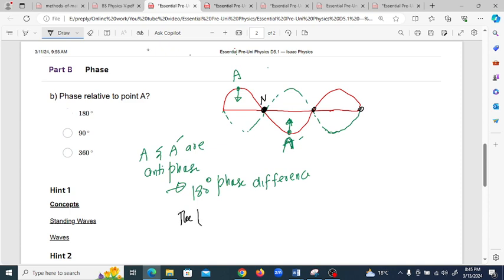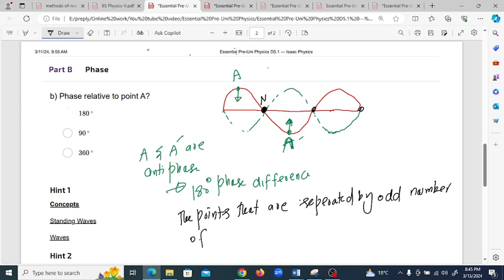Remember the formula: the points that are separated by an odd number of nodes are 180 out of phase, meaning the phase difference is 180.